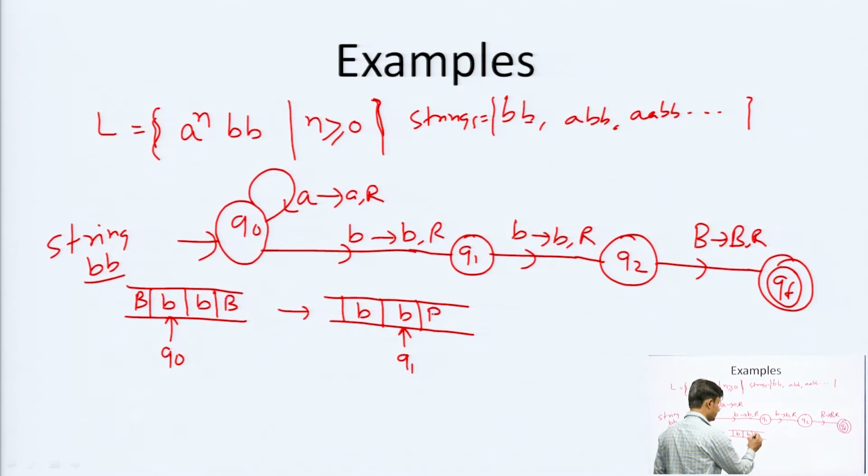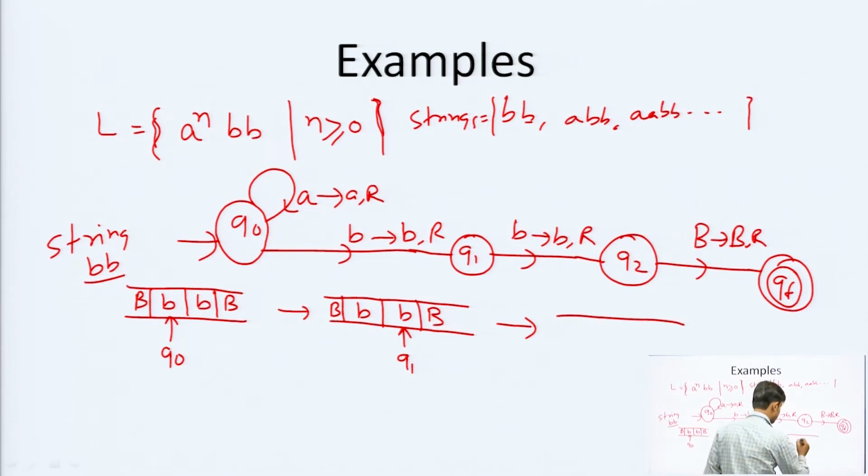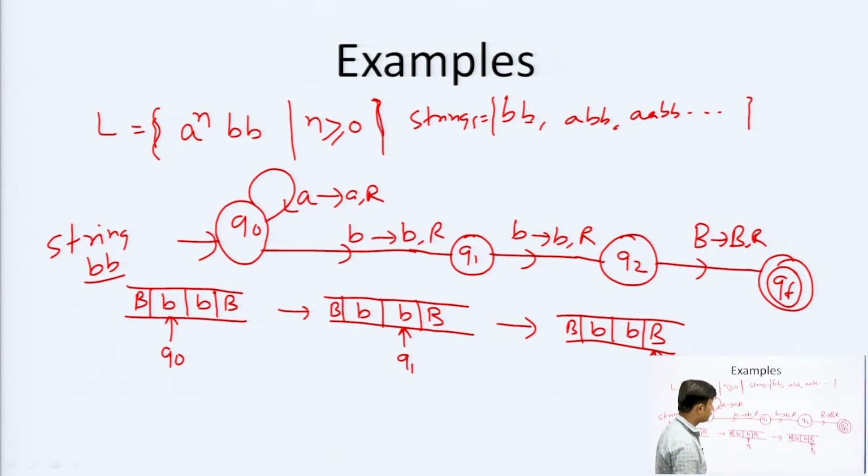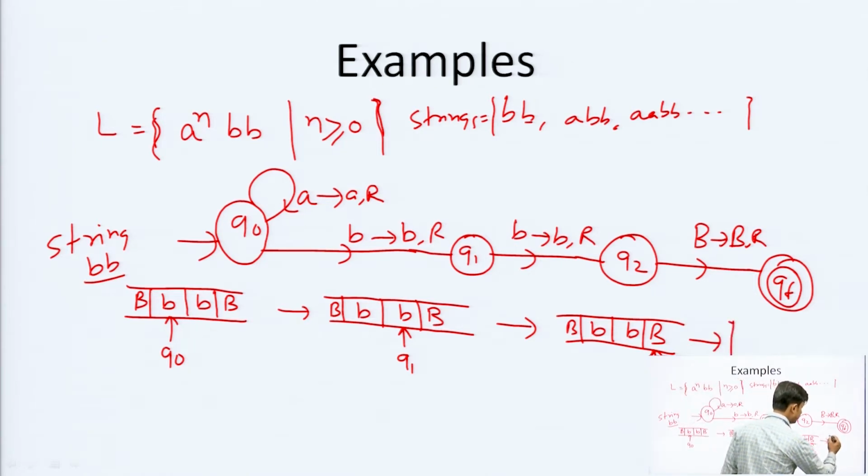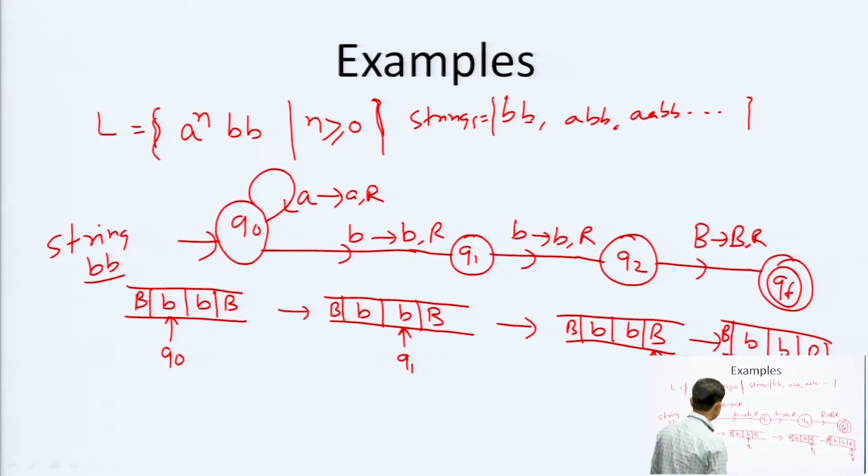Then the tape is B, B, blank, and Q2 now points to blank. When Q2 points to blank, it goes to the final state QF. This way your string is accepted.